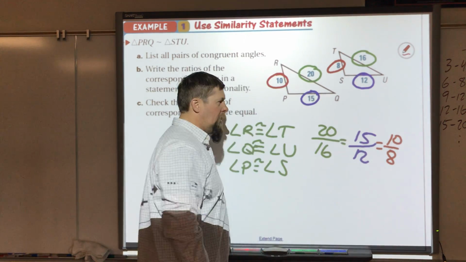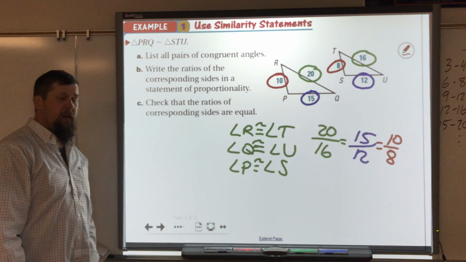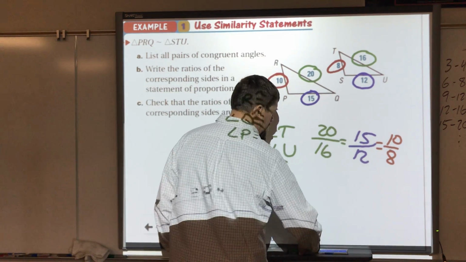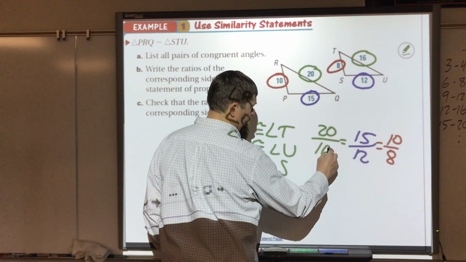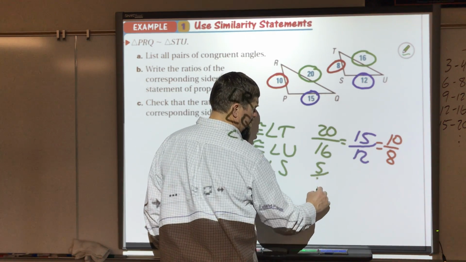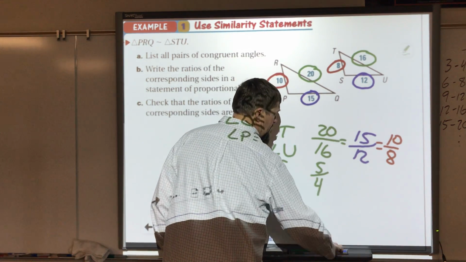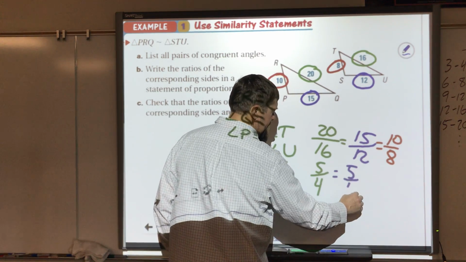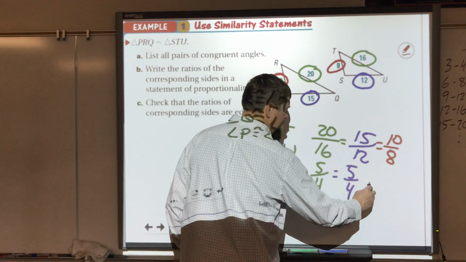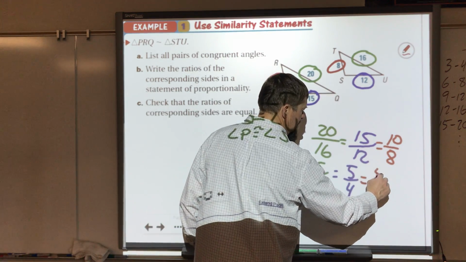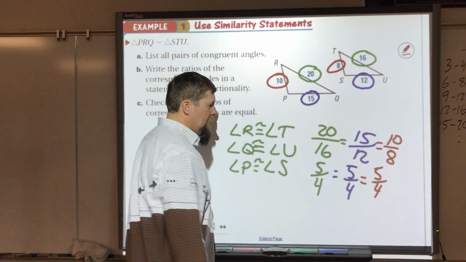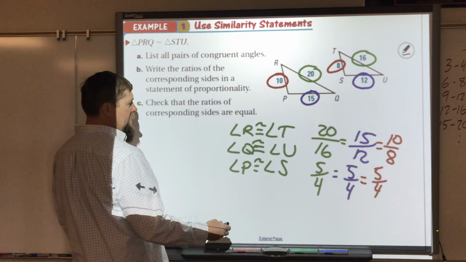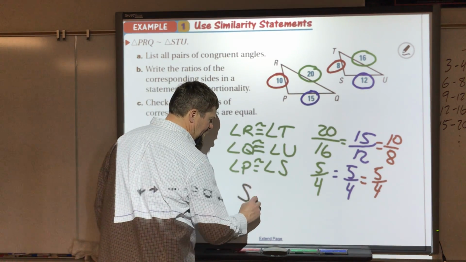Now, these should all be the same ratio. If I simplify these, this one would be 5/4. This one, if I divide each by 3, is 5/4. If I divide this one each by 2, that's 5/4. So what we're getting into is the scale factor.